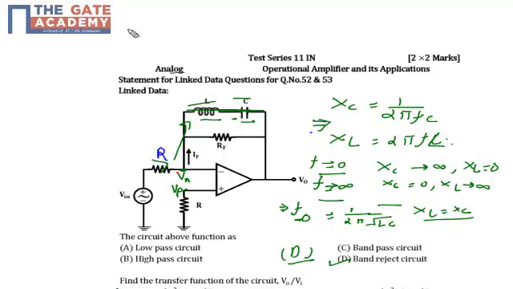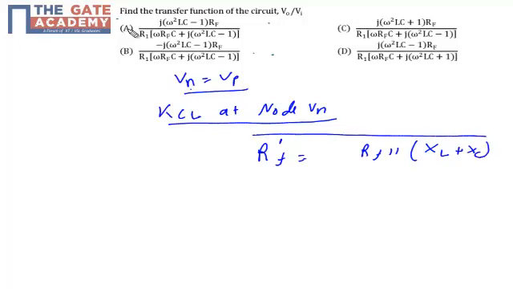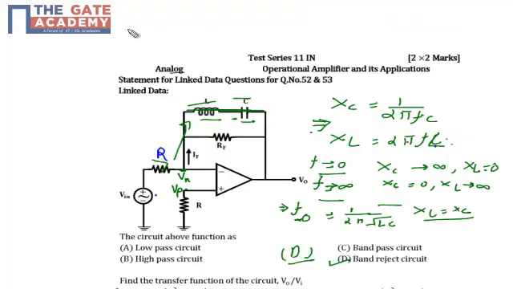You can observe, even before applying KCL, that in this circuit we have the input at the inverting terminal, and the feedback path is RF parallel with L and C. So my feedback resistor is basically RF dash, which is RF parallel with XL plus XC. So this entire network is acting like an inverting amplifier.